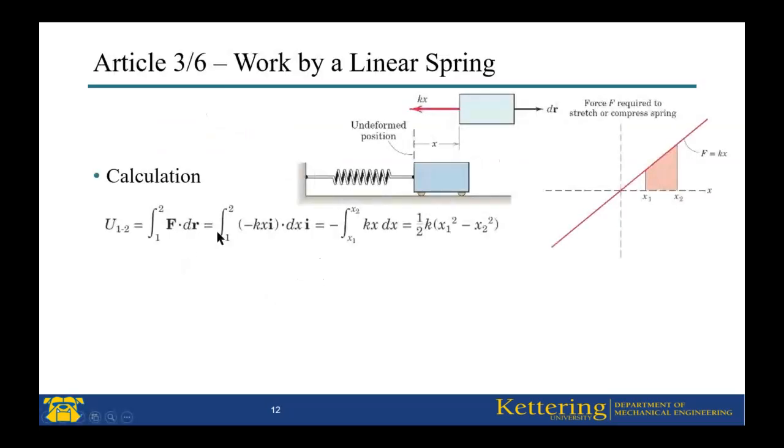Fs here is minus kx i. If you do this integration, finally the work that is done by a linear spring is one over 2 k times x1 squared minus x2 squared.